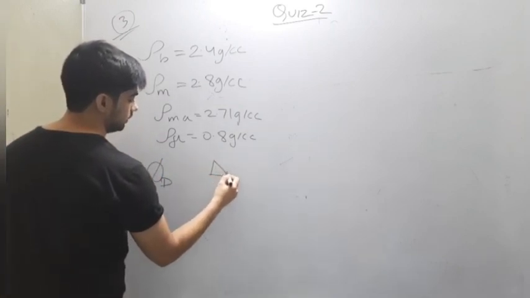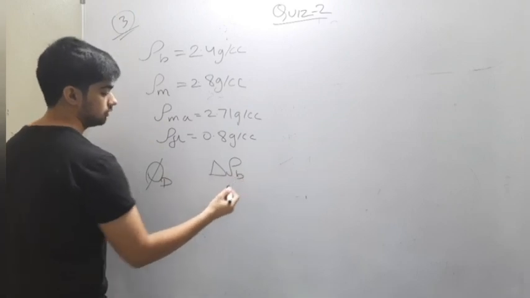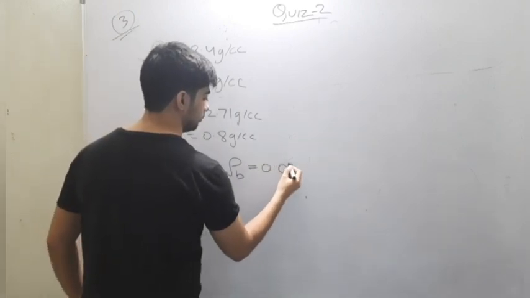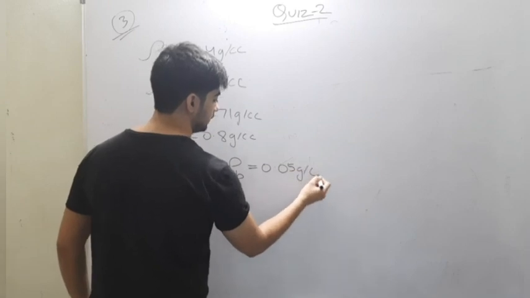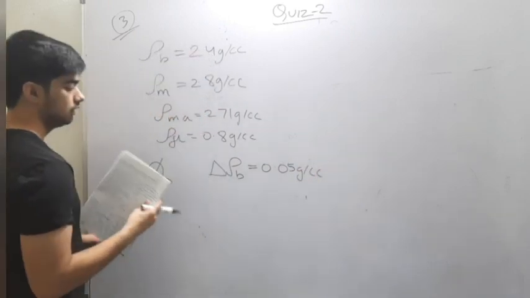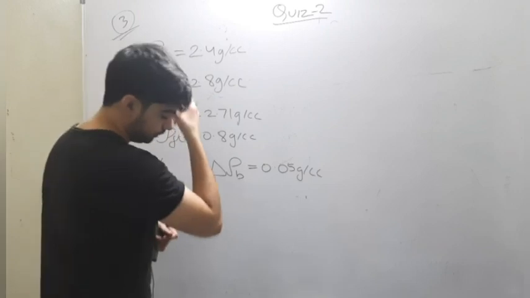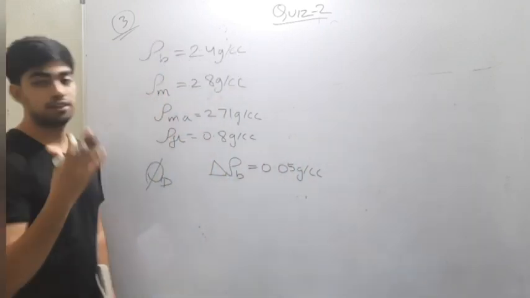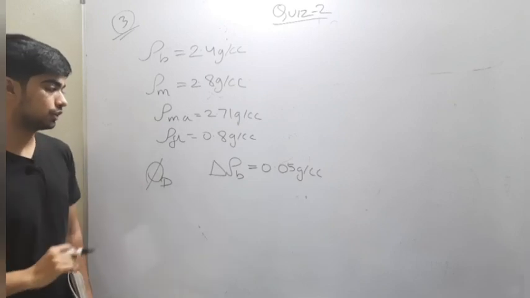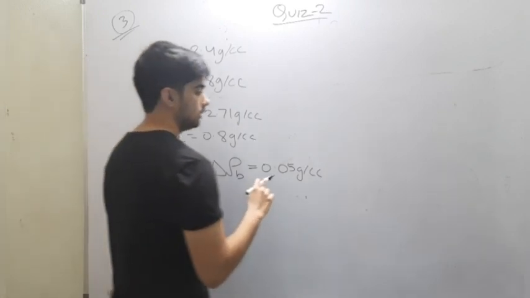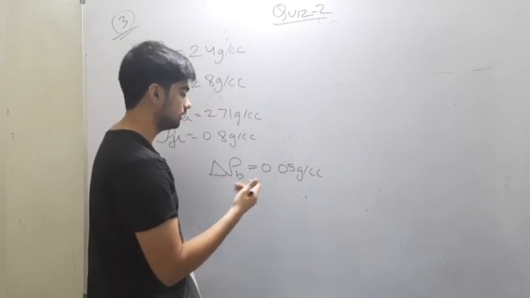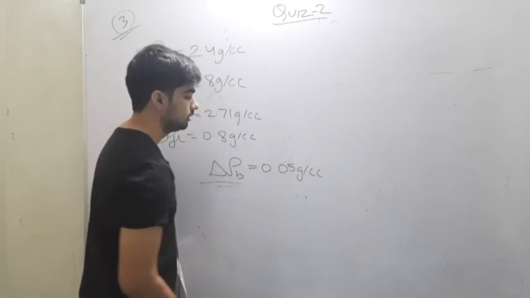So they have mentioned the correction factor, which is equal to 0.05 gram per cc. Alright, so you don't have to remember the whole spine and rib technique to do this question. After we completed the spine and rib theory, I mentioned how to use this correction factor.